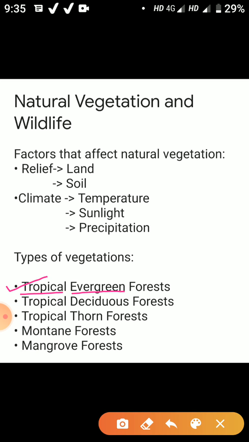It is evergreen. Evergreen means it is green throughout the year. So in what conditions is a plant evergreen? A plant is evergreen only when there is a sufficient amount of precipitation and sunlight throughout the year. A plant needs these 2 things most importantly, plus the soil has to be good enough.